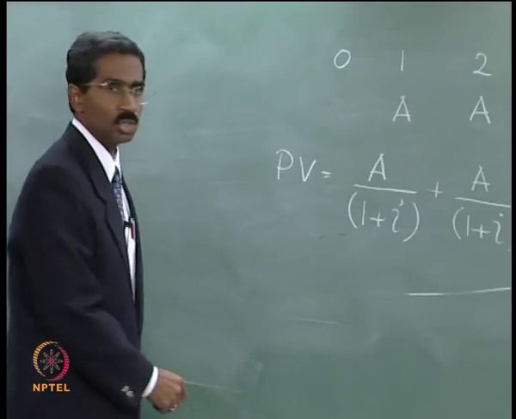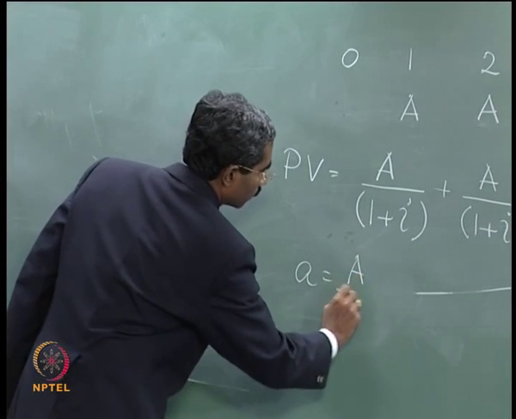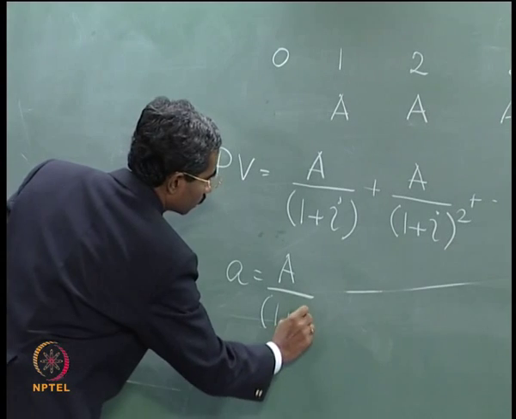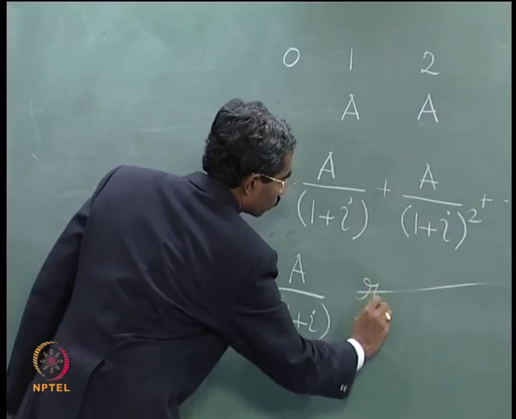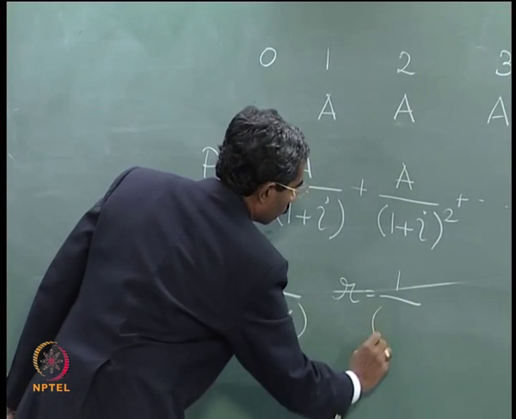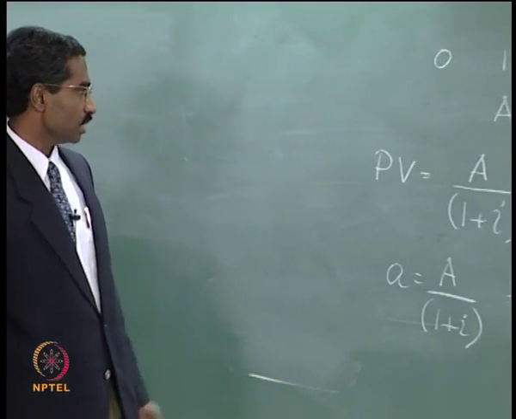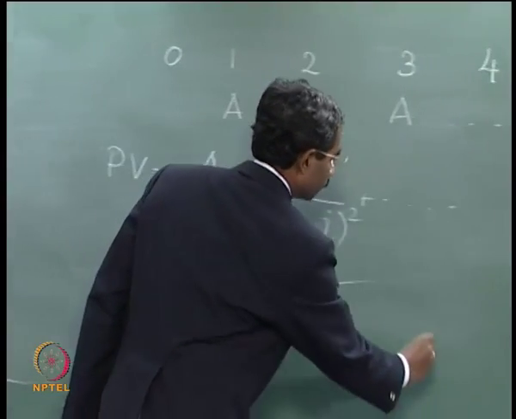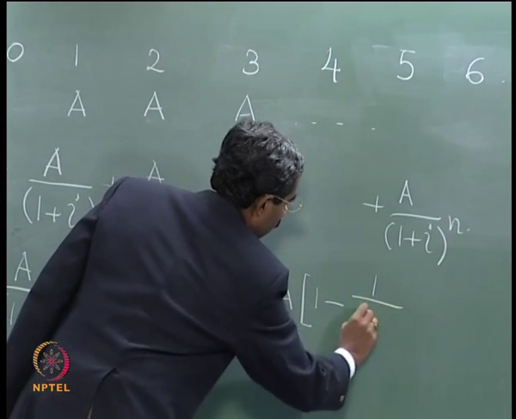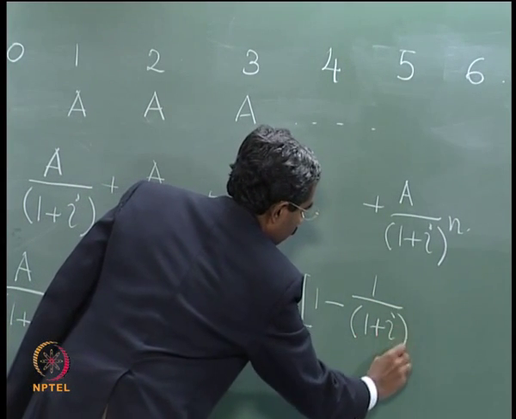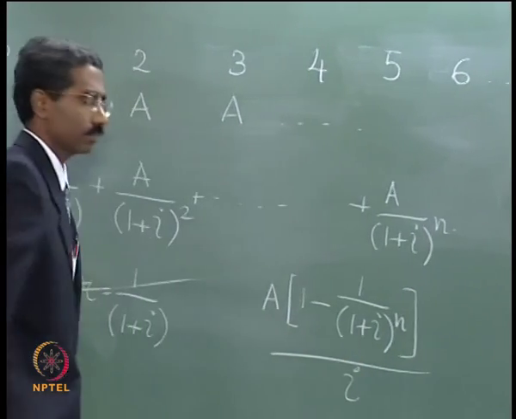So this is nothing but a geometric progression with an initial term A by 1 plus I, and the ratio between two consecutive terms is 1 by 1 plus I. Now the summation of this is nothing but A times 1 minus 1 plus I raised to the power of minus n, divided by I.